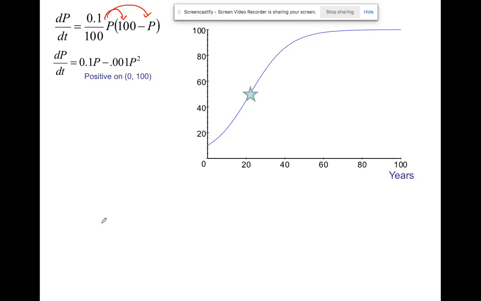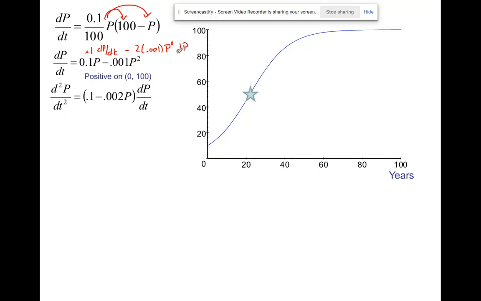This is a quadratic. The second derivative using implicit differentiation is, now I've kind of cleaned it up here, so I'm going to go through it. This is a constant times, so 0.1 times dP/dt, minus, bring down the 2, times 0.001, copy over the P to the first, that's a 1, not a prime.